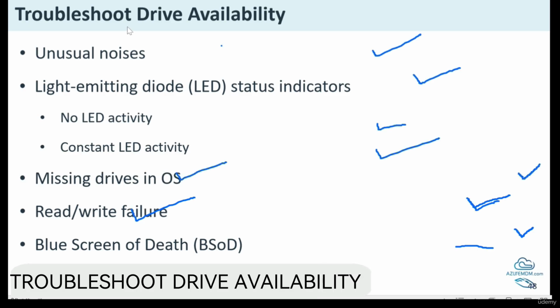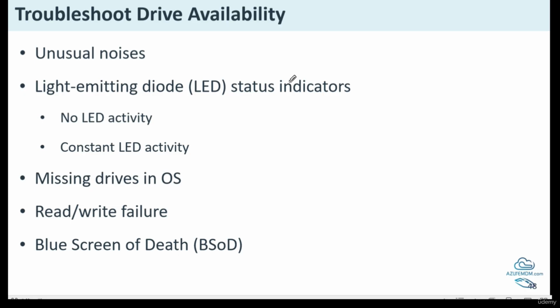Now we'll learn how to troubleshoot drive availability. So what is troubleshooting drive availability? It means fixing the issues when your computer can't detect or access a storage drive like an HDD, SSD, or USB. Check if the drive appears in BIOS or UEFI, and if not, inspect the power and data cable, or try another port.